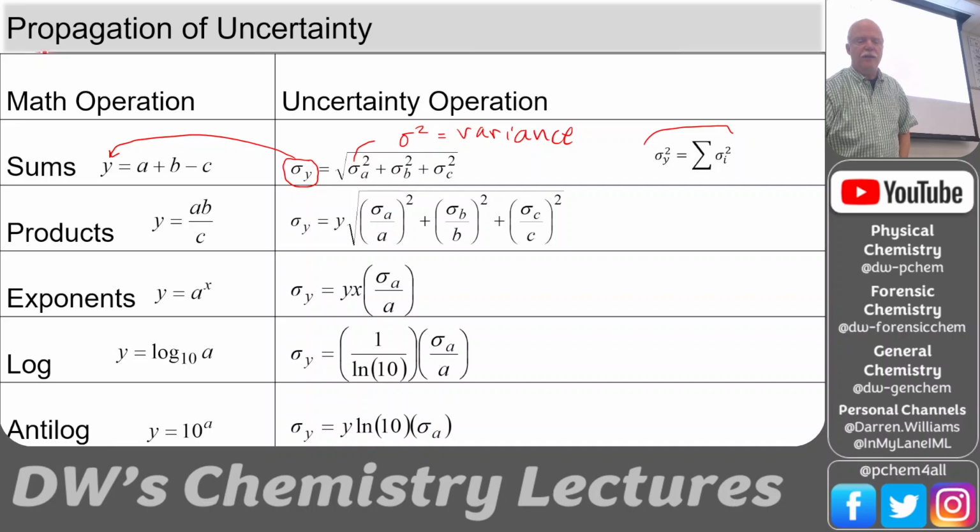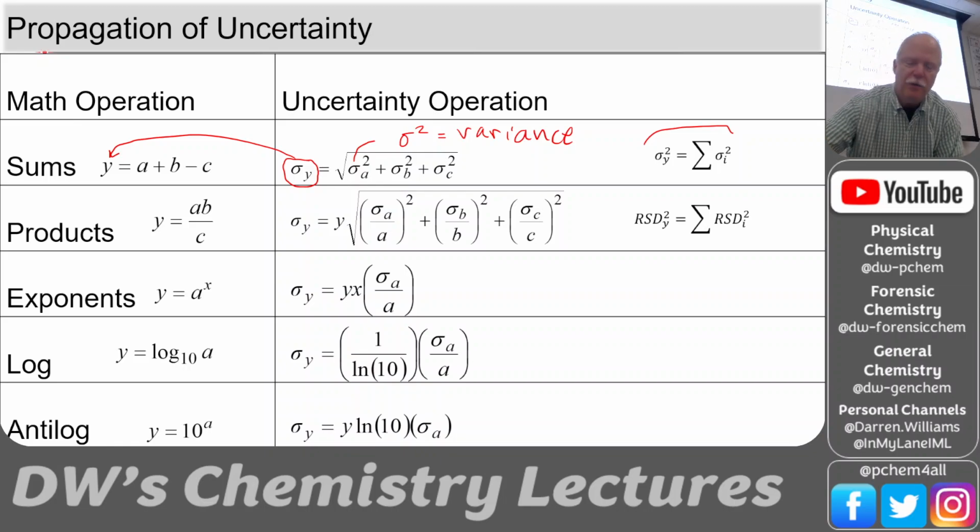Look at the symmetry of that equation with the one in products. If I were to move Y back over to this side, I would have sigma Y over Y, and if I got rid of the square root, I would have this squared. So I would have this shorthand equation here.